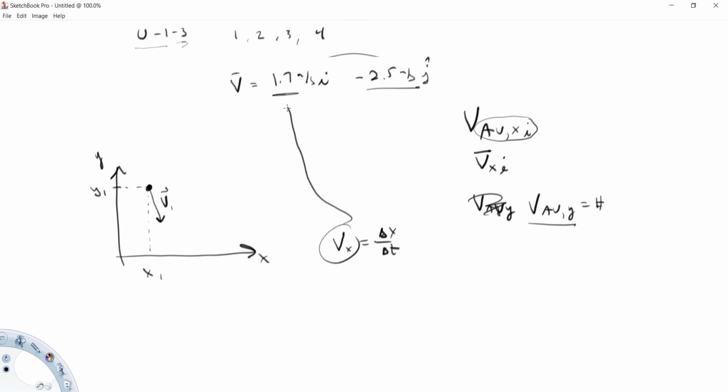This is the 1.7 meters per second. Put in the time. That will tell you the delta x. Your velocity in the y direction is equal to delta y over delta t. This you're going to get from here. Put in the delta t, that will get you the delta y.